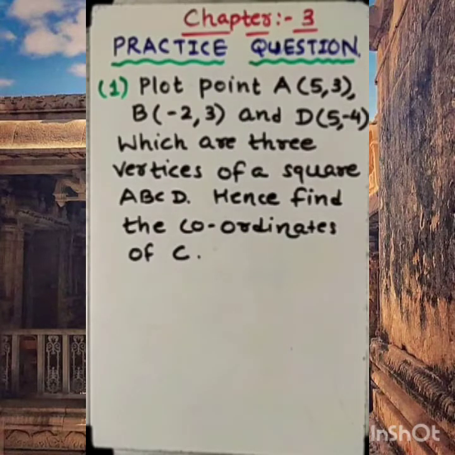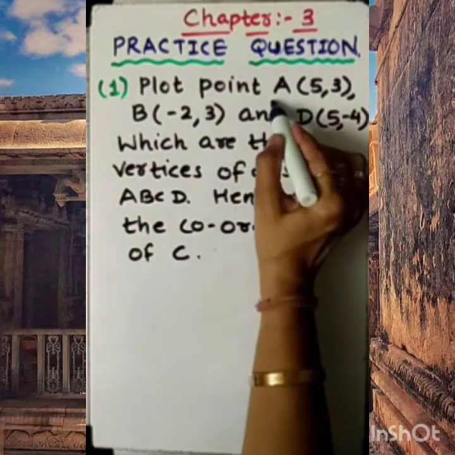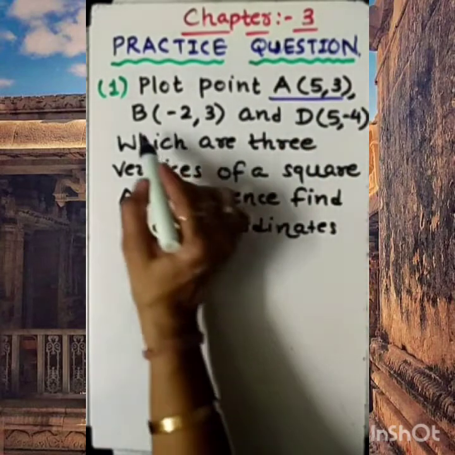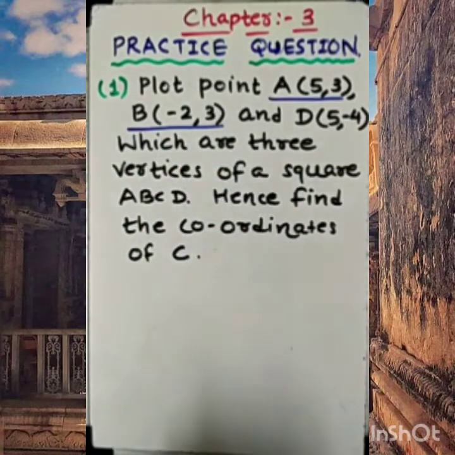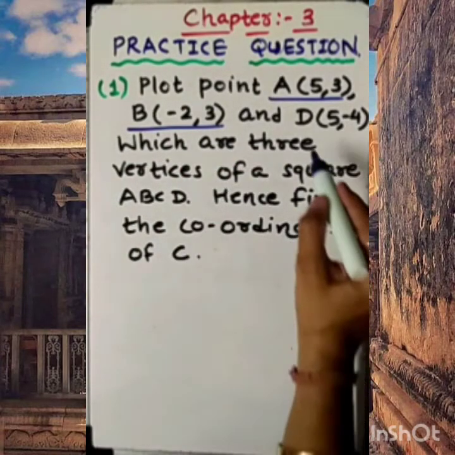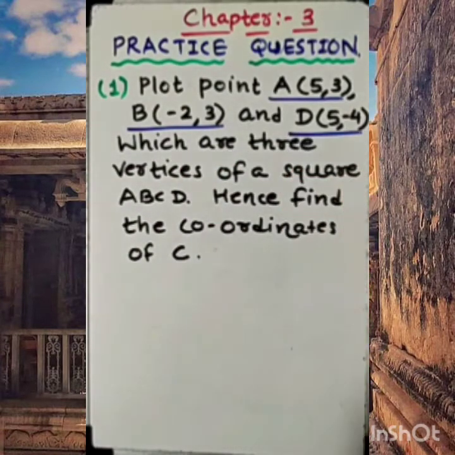But before we proceed to the solution, I simply request you to notice what we are given in the question. Here you can see vertices A (5, 3), B (-2, 3), and D (5, -4). But C we are not given.